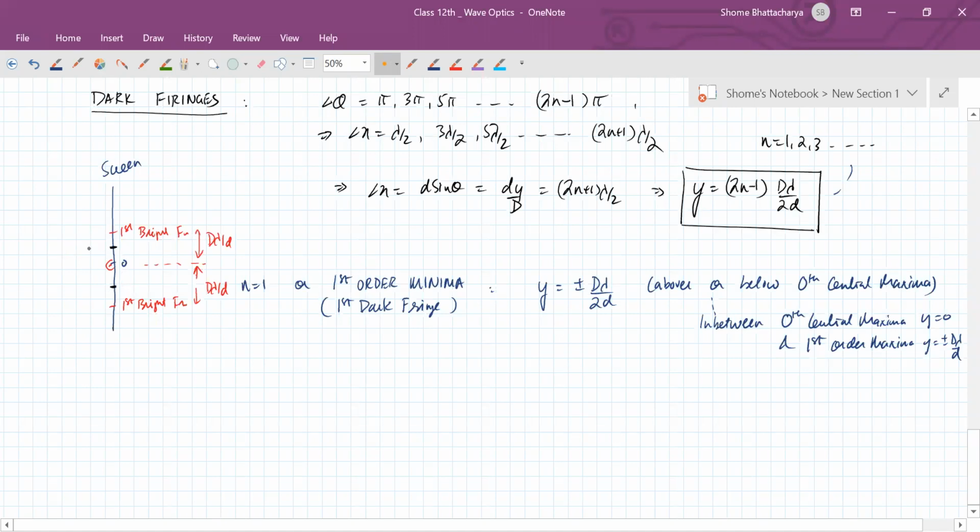So this is the first dark fringe above and the first dark fringe below. It is located right at the midpoint between the central maxima and the first order maxima. You can see this is d lambda by 2d. So they're like equidistant bands of alternately bright and dark light.